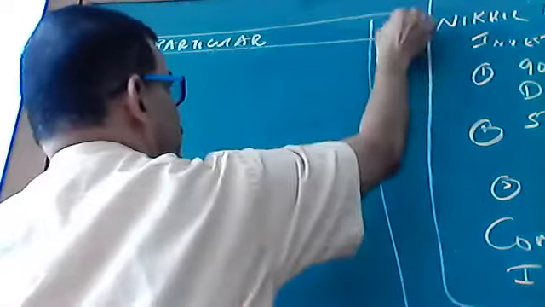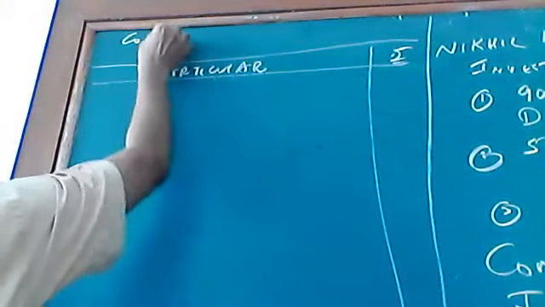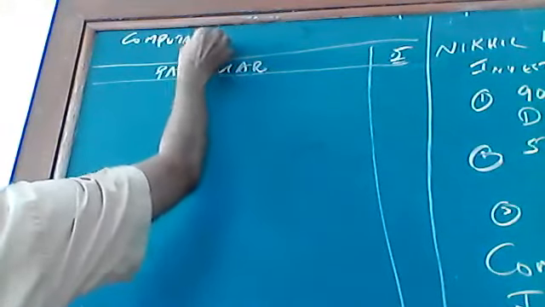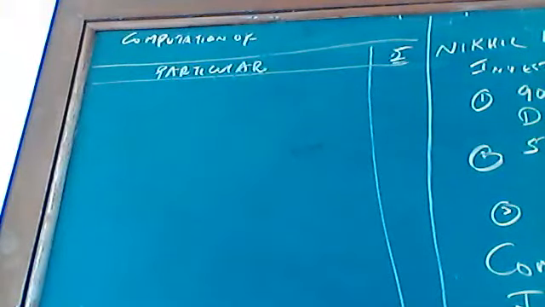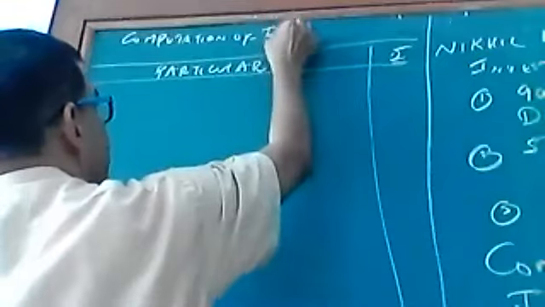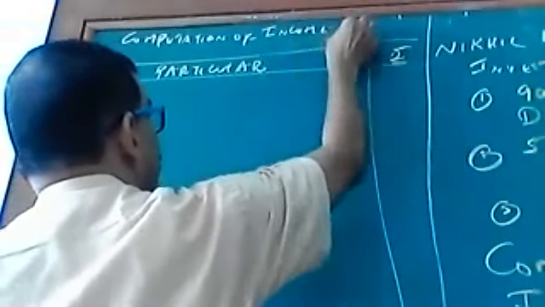Heading should be computation of income from interest on security for the assessment year 2021.